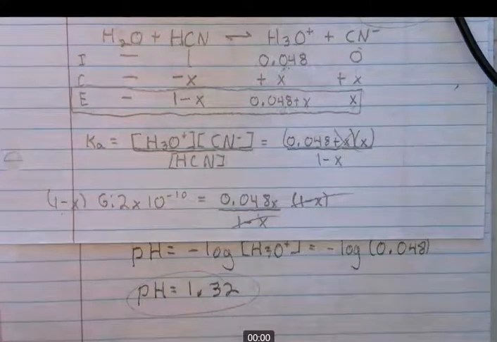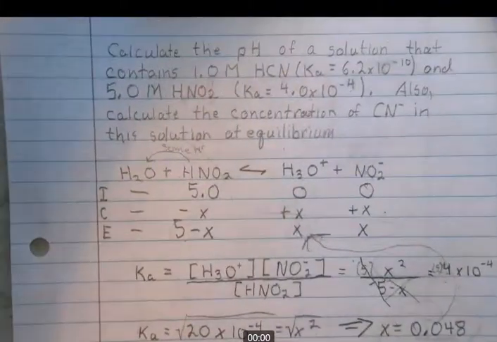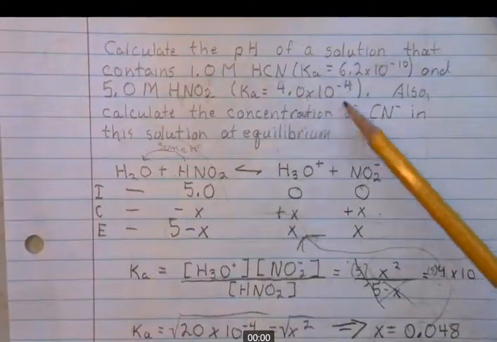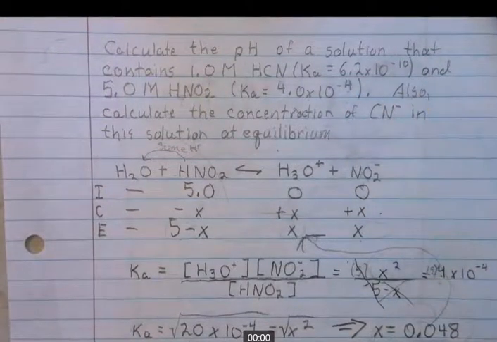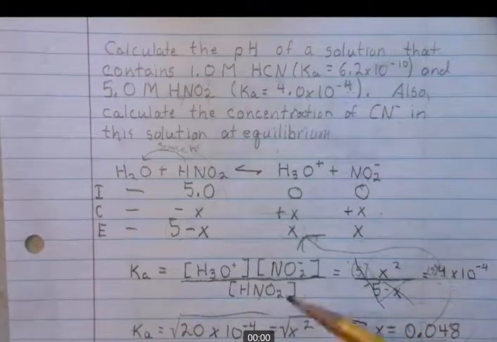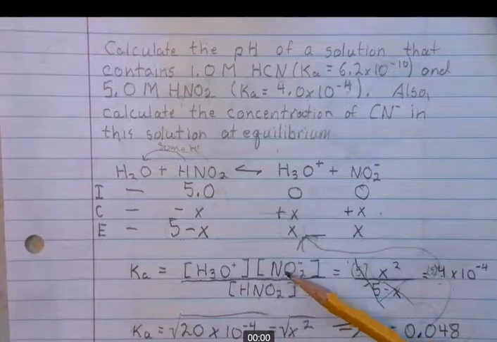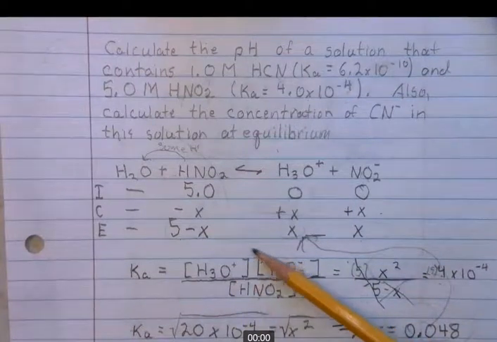Close enough, okay? So this seemed like an insanely complicated problem, so let's just again talk about what the strategy was. You threw 2 weak acids in, or it doesn't necessarily have to be 2 weak. It could be a strong and a weak, but you had one that was definitely stronger than the other. So you compute the reaction for the strong acid first using the ICE table and the law of mass action, the Ka, the equilibrium equation.